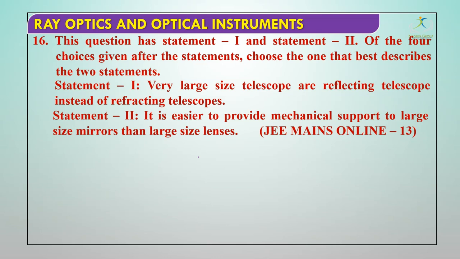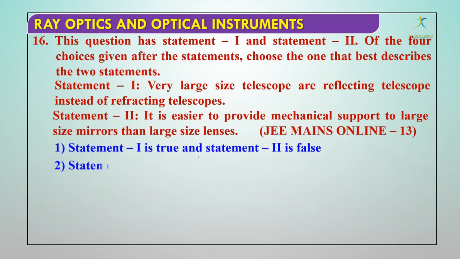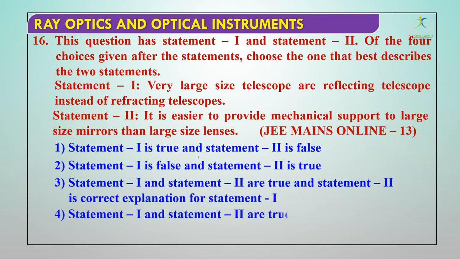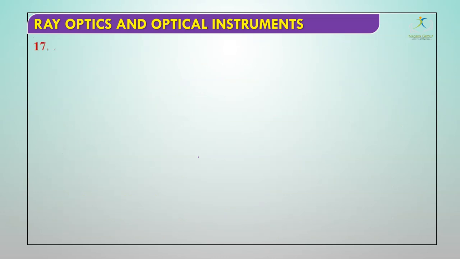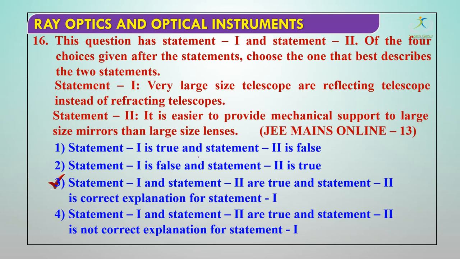The next we have, it is easier to provide mechanical support to large size mirror than large size lens. These are the 4 options we have. Now the correct answer for this question is 3. That means statement 1 and statement 2 both are correct, and the explanation in statement second is correct for the first one.